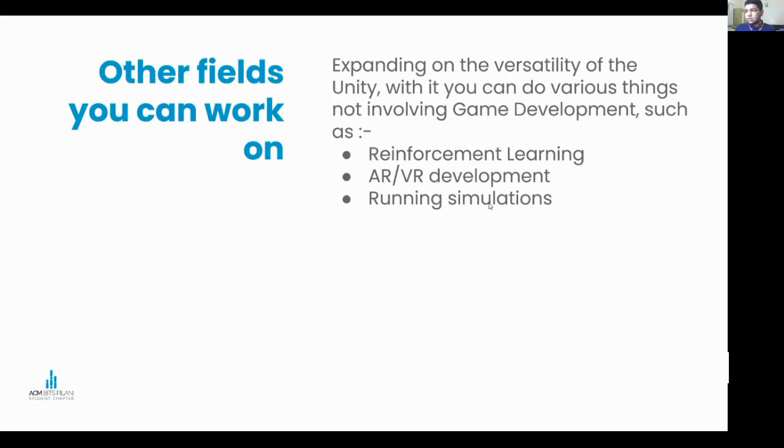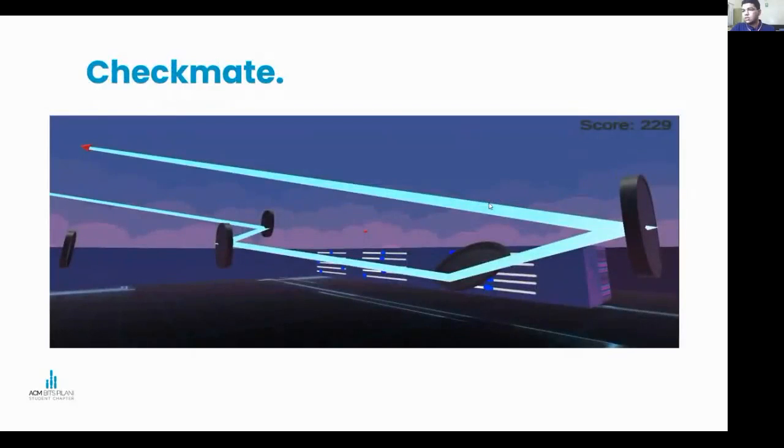For example, just on our Pilani campus, there are two startups, Hello World and Elixir, that use Unity for AR with an extension to actually implement the startup, right? The third thing is running simulations. You can run pretty realistic simulations like car crashes to test stuff out on Unity. So those are just the possibilities that you can work with if you know how to use Unity.